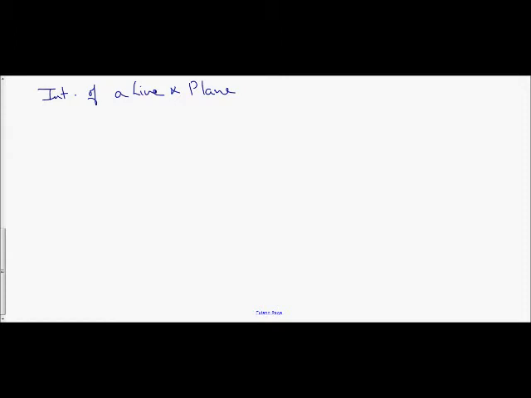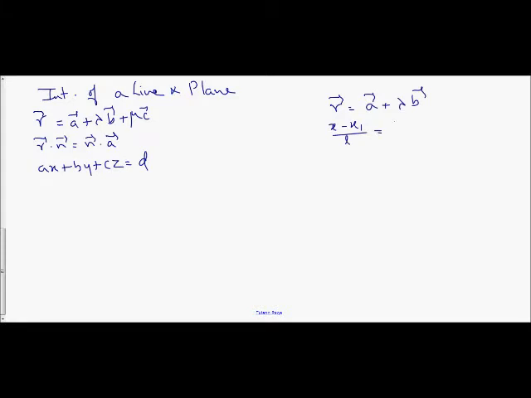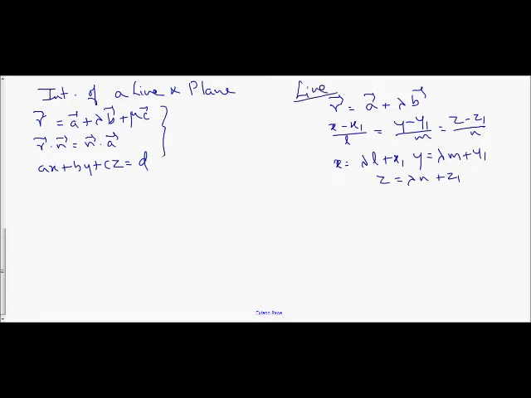Again, we have three patterns for plane. Line, you have again three forms. Now, in whichever form they are given, you should be able to find the point of intersection.